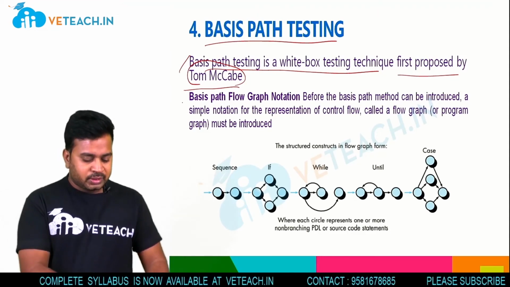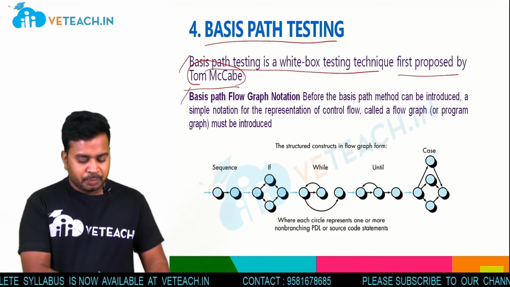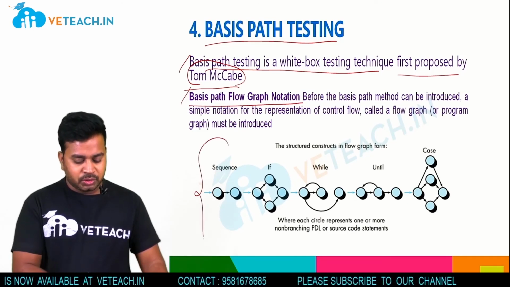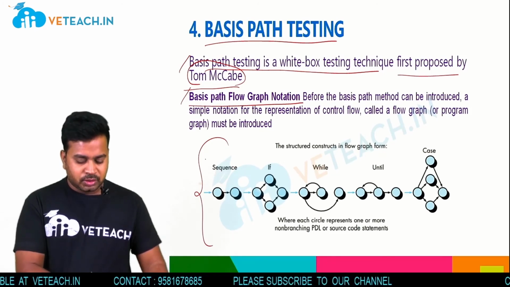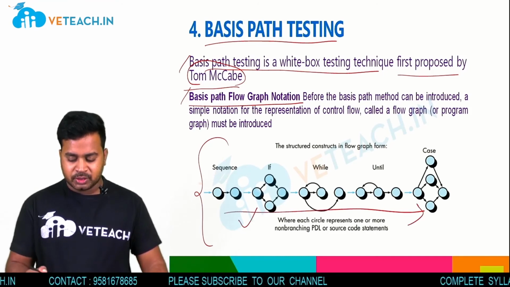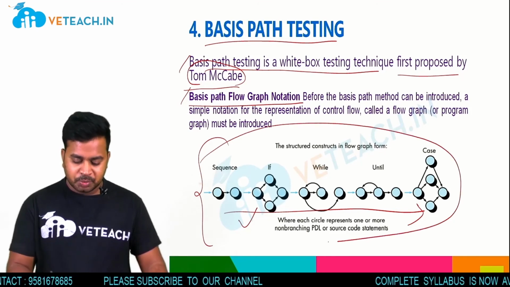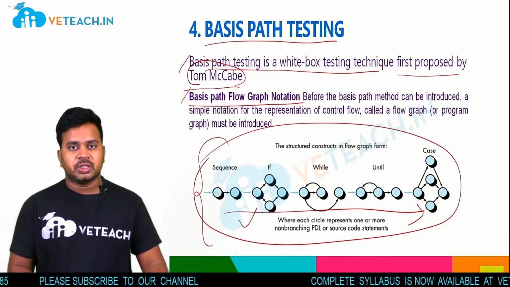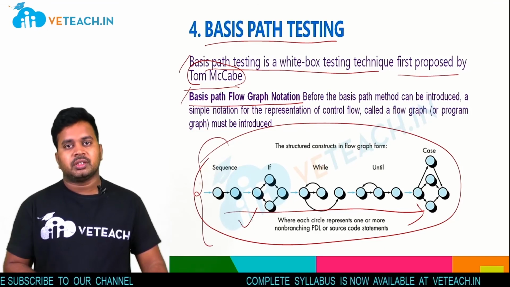So what exactly is basis path testing going to do? It uses basis path flow graph notations for different things, as you can see in the diagram. The first diagram is a sequence. The entire diagram represents one particular program, with a sequence of steps, if else statements, while statements, until, and switch case statements.